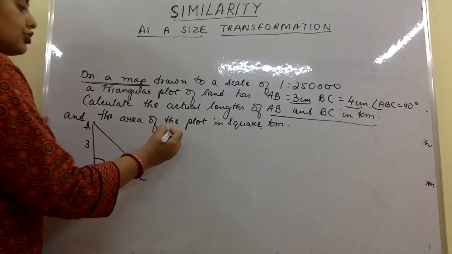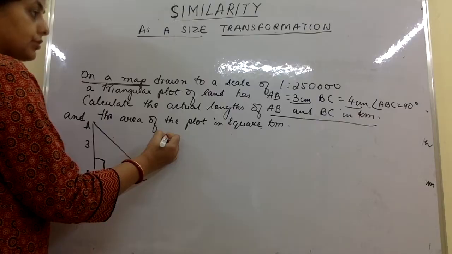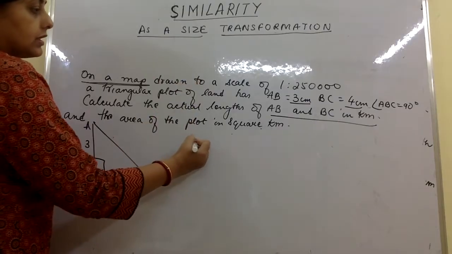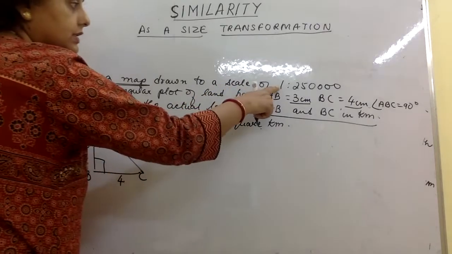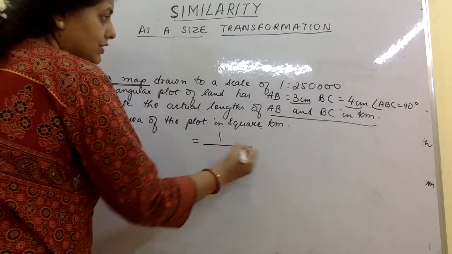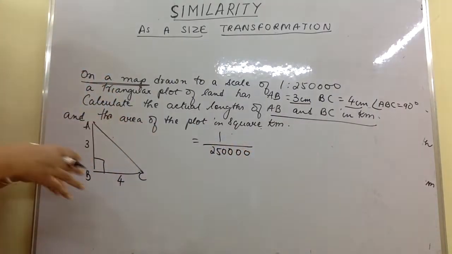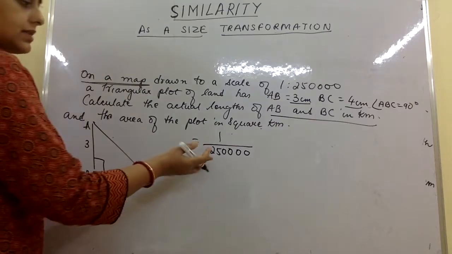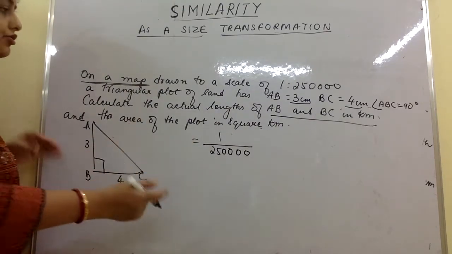Now one thing is common sense. This is for the map and this side is for the actual plot, isn't it? So I will just take it like that. There is no learning up, memorizing any method. It is simply the bigger number in the ratio has to go for the actual plot.